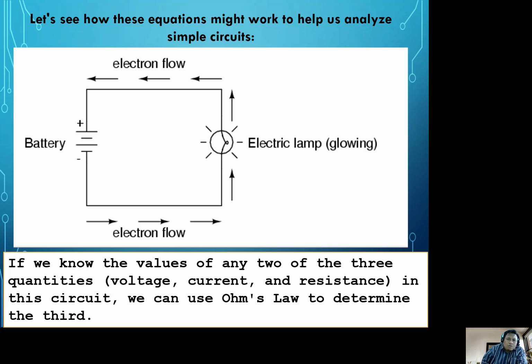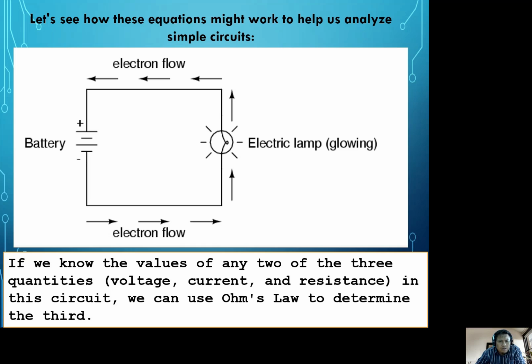Let's see how this equation works to help us analyze simple circuits. So you can see electric flow is like driving a car, and then you see the resistance. For example, you see a cat on the road. This is the power of the car battery. If we know the value of any two of the three quantities, voltage, current, and resistance, in the circuit, we can use Ohm's law to determine the third.